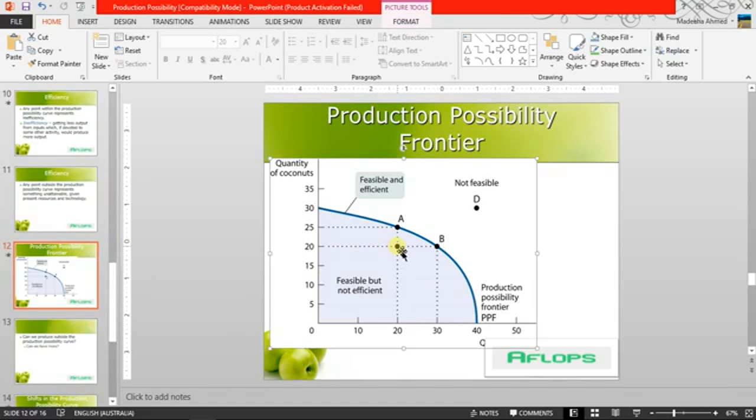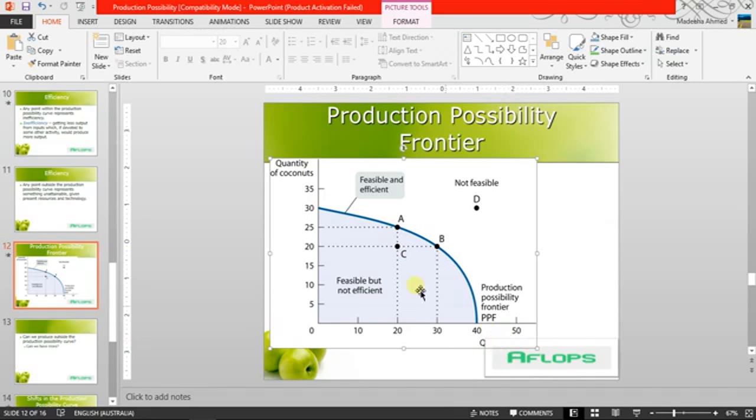You have to keep this in mind that any point inside the curve is feasible but not efficient. If an organization or an economy exists at a point inside the production possibility curve, then this indicates that it is inefficient. Why? Because by using the same number of resources, it can enhance the production of any of the products. How? We'll see it here.